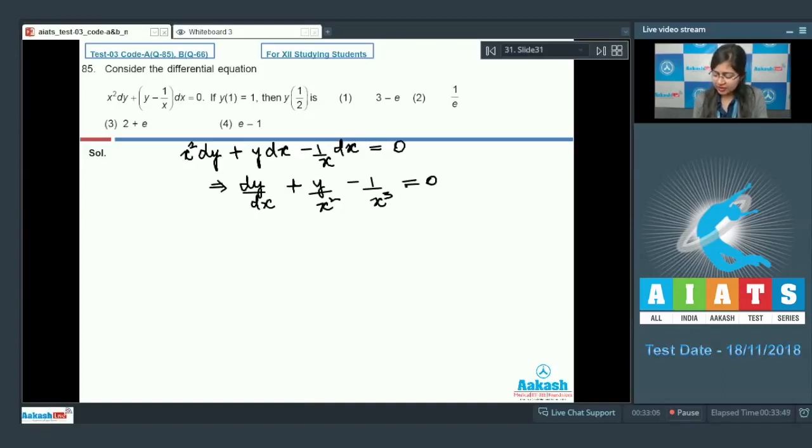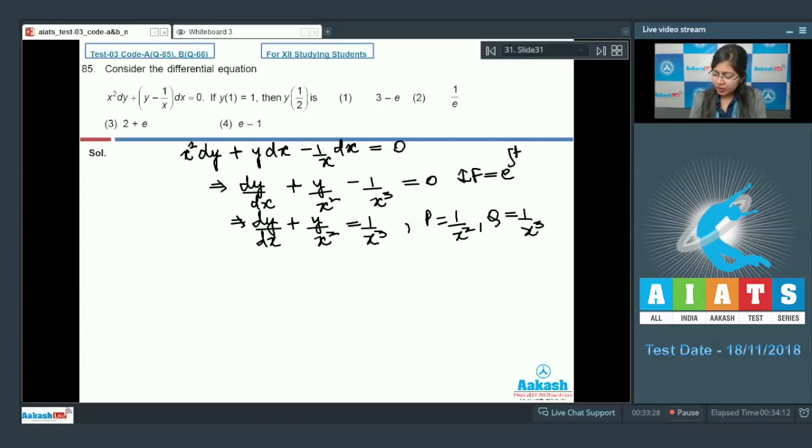Right, so here we can see that it can also be written as dy/dx + y/x² equal to 1/x³. So here we can see that P is equal to 1/x² and Q is equal to 1/x³. Right, so the value of the integrating factor will be equal to e raised to the power integration of 1/x² dx, which will be equal to e^(−1/x).